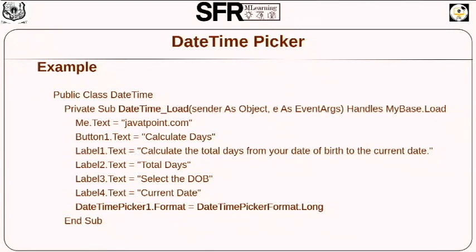In this code, we can see the line DateTimePicker1.Format = DateTimePickerFormat.Long, which mentions this as a long format, which means we are going to edit it as a date and time, that is month, year and date, accompanied by the time.